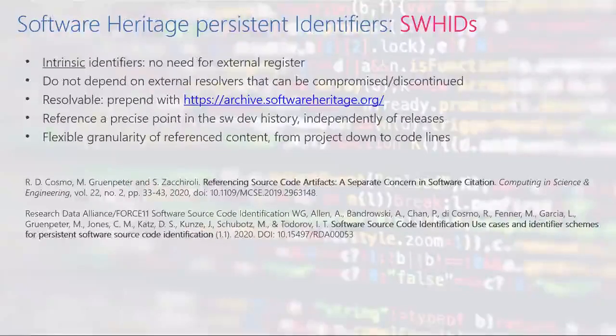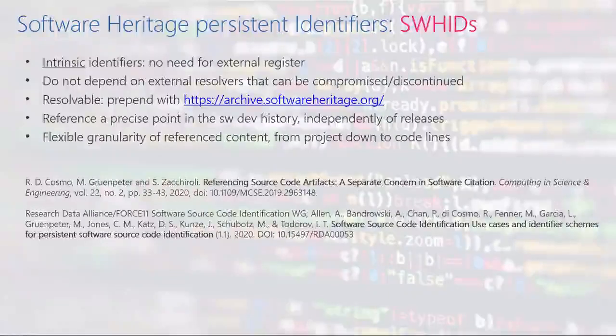So a SWHID is basically computed solely knowing the code, either the file or the project, or the repository. It's basically a hash. That's all it is.